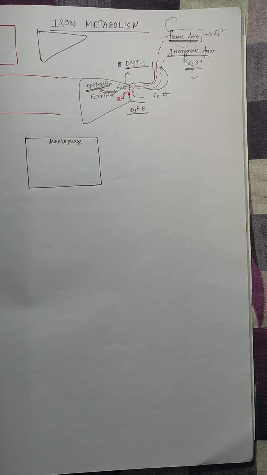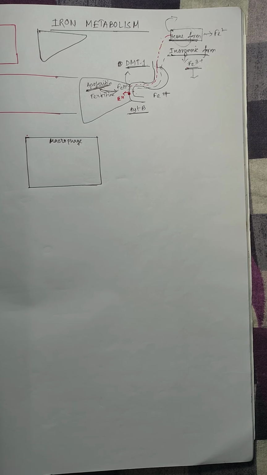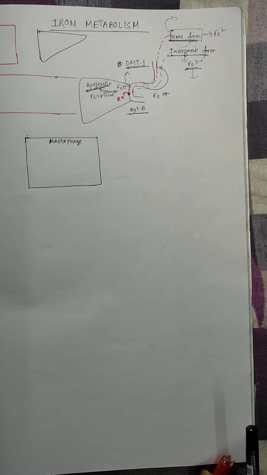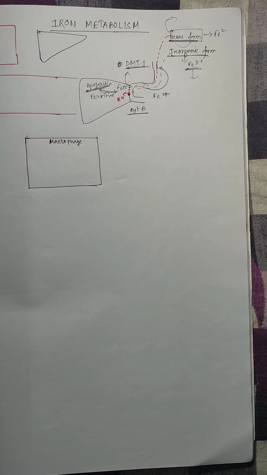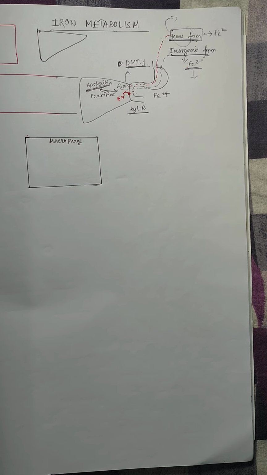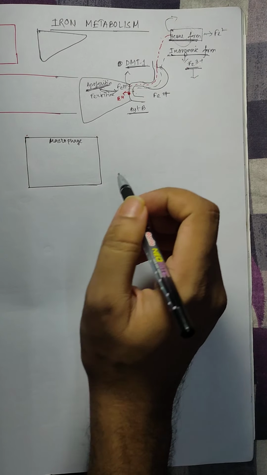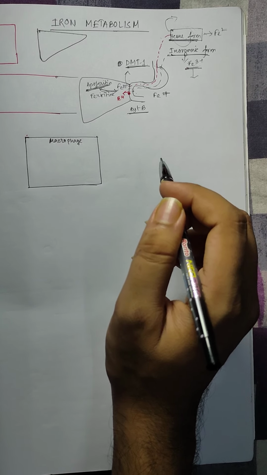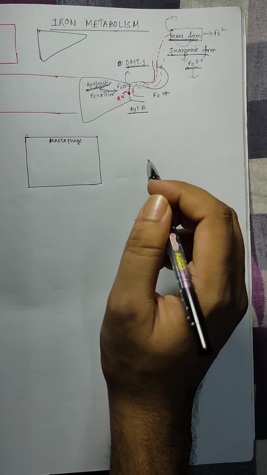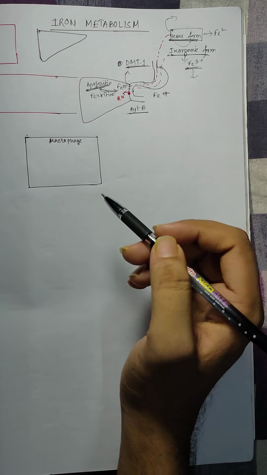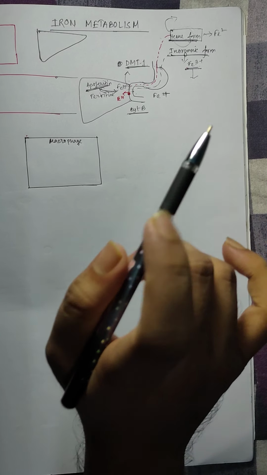Now you should know one thing, that only 10 to 20% of the iron is absorbed from our GIT, from the food taken, only 10 to 20%, because of one reason.